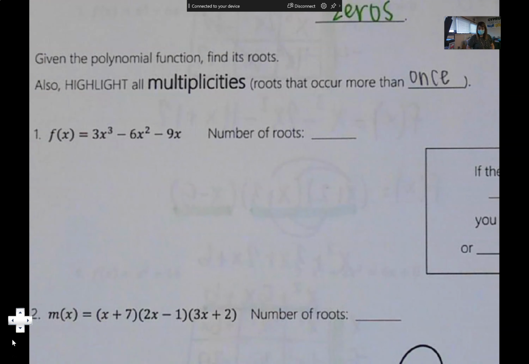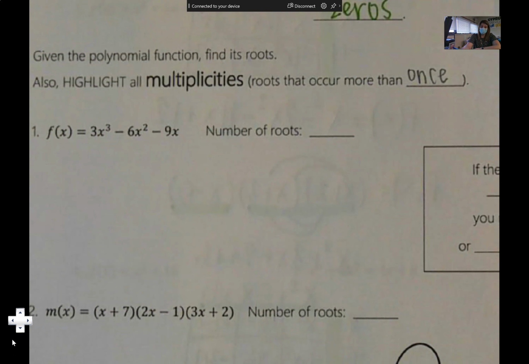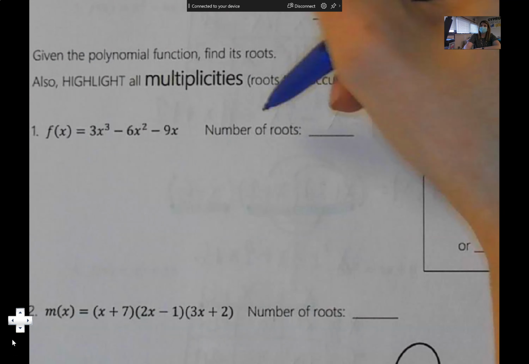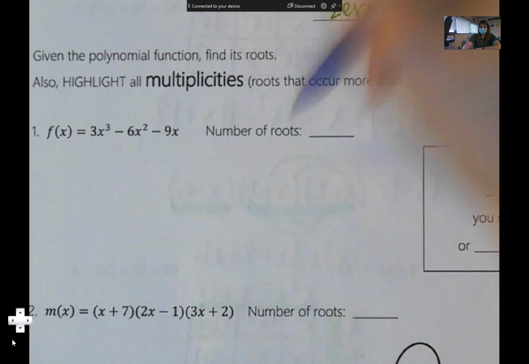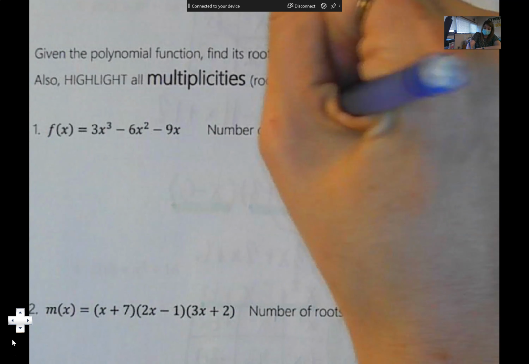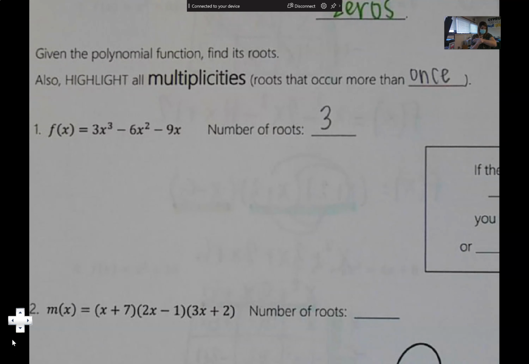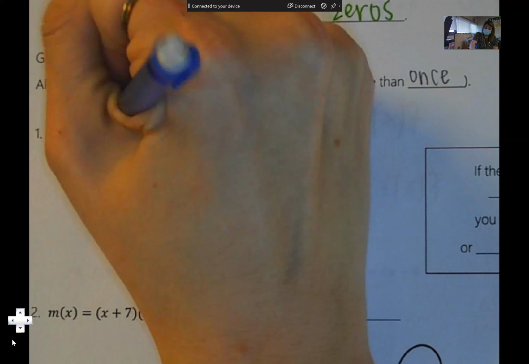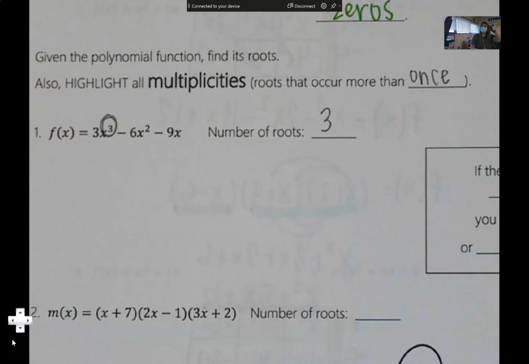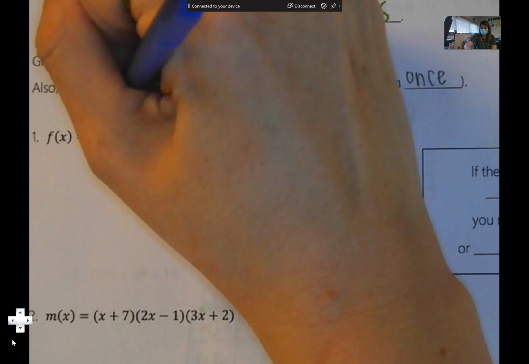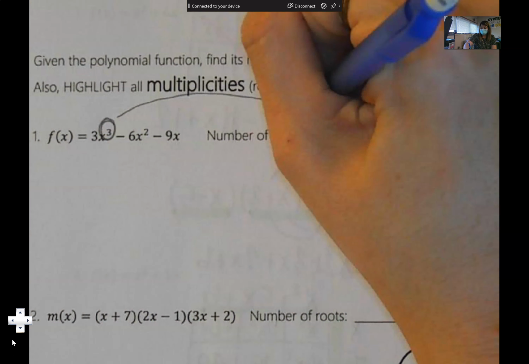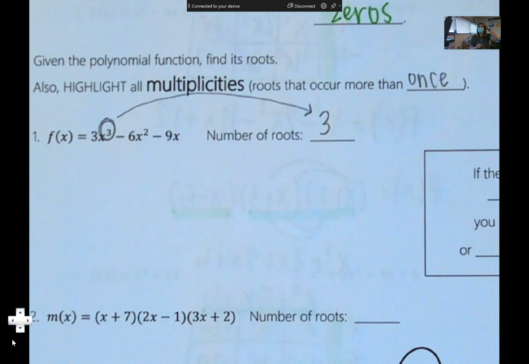Okay, so for our first one, and actually on all of the problems, the first thing that we're going to do is decide how many roots that it has. And this one has 3. Does anybody remember how I know that? The exponent. The biggest exponent tells you how many roots you're going to end up having.